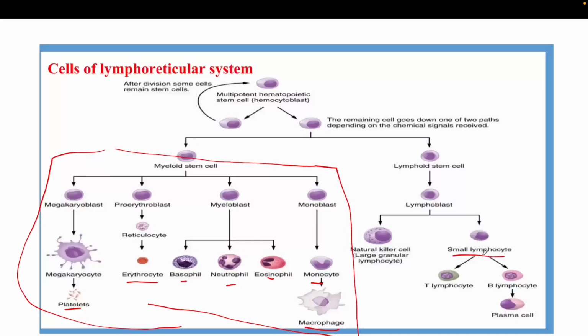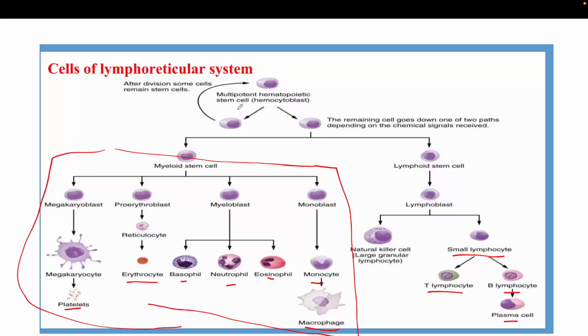This small lymphocyte progenitor cell is further divided into either T lymphocyte or B lymphocyte. If it is converted into the B lymphocyte, finally it will give you the plasma cell or memory cells. If the T lymphocyte divides, it will give you either the CD4 or helper T cell, or the CD8 or cytotoxic T lymphocyte.